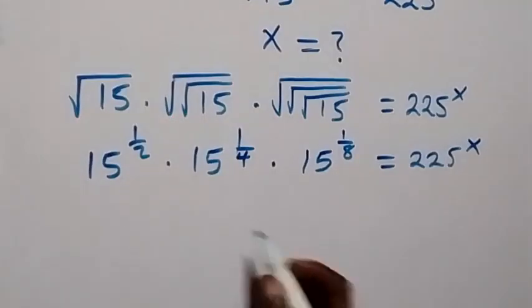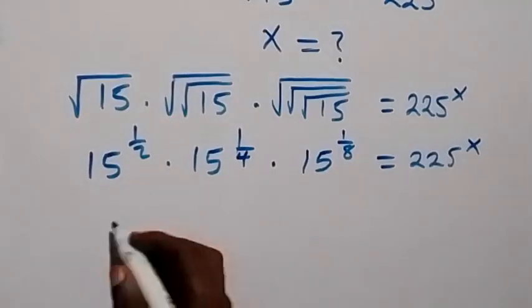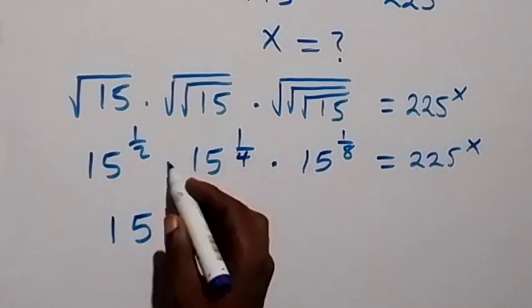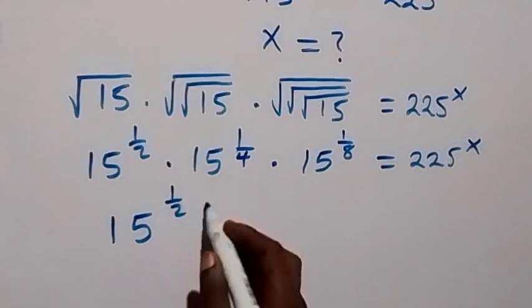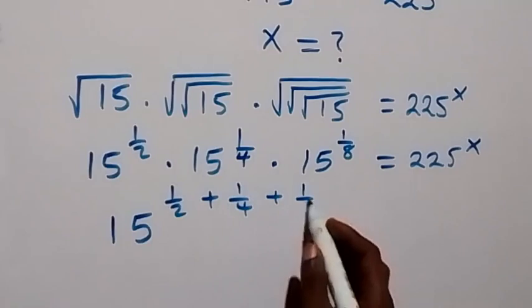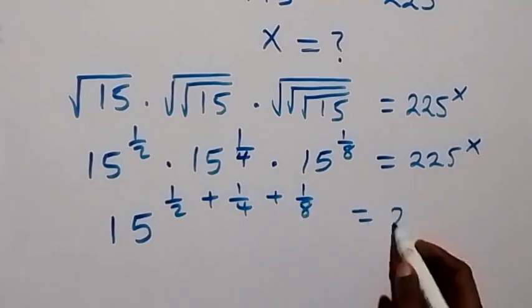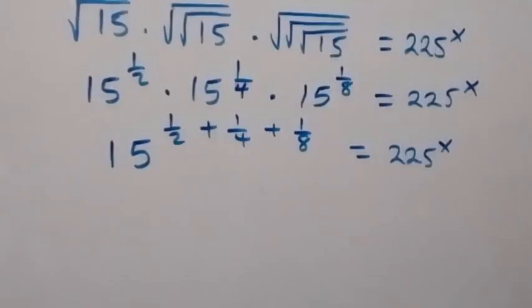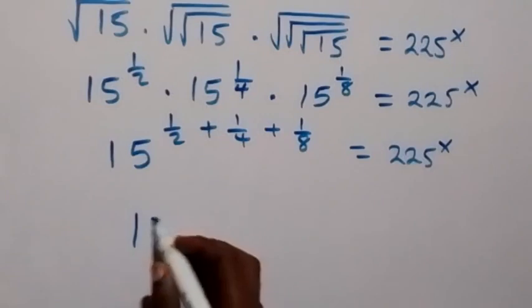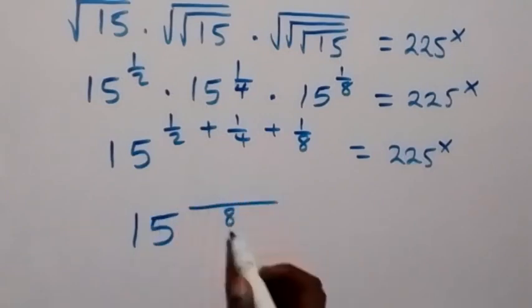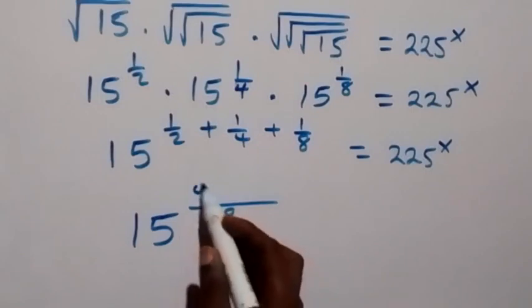Then from here, we have 15 as the base, then we can sum the powers. Then we have half plus 1 over 4 plus 1 over 8 now equals 225 raised to power x. Then from here, we can bring this fraction together as 1. Then that means we have 15 raised to power, LCM here 8. Then 2 goes in 8, that's 4. We have 4.